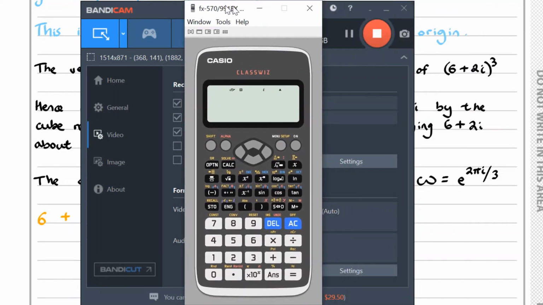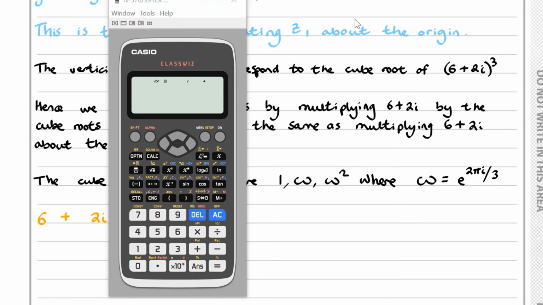The argument of 6 plus 2i is 0.321, etc. I prefer to leave that in exact form instead. And the exact form is the inverse tangent of 2 over 6, which is the same as the inverse tangent of a third.